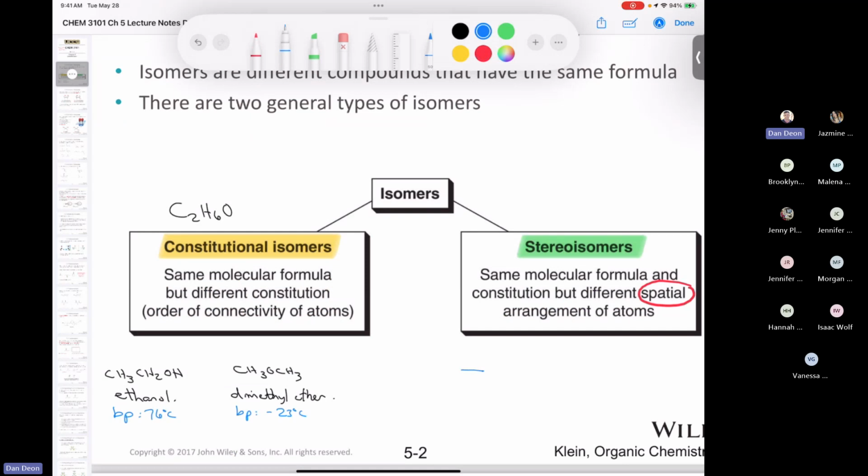Let's say you had trans-1,2-dichloroethylene, this compound here. And let's say you had cis-1,2-dichloroethylene, right? Both of these compounds are going to be CHCl double bond CHCl, right? Let me put the double bond in here.